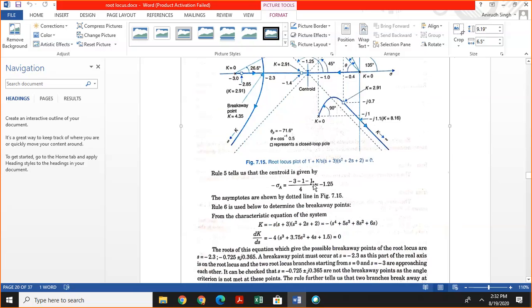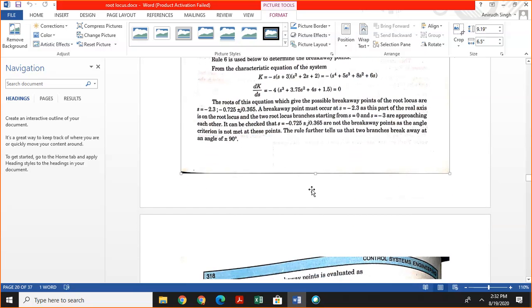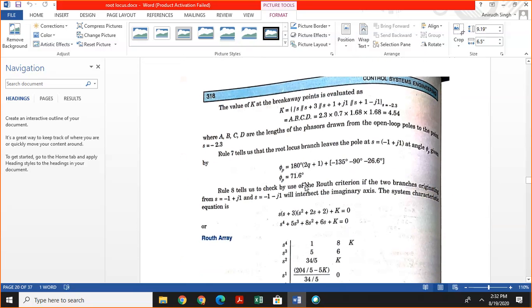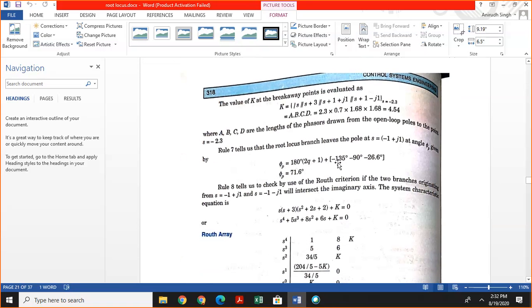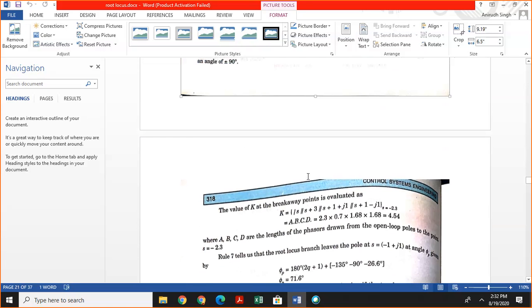So we can calculate the angle of departure: 180 minus 135 minus 90 minus 26.6, which is equal to 71.6.